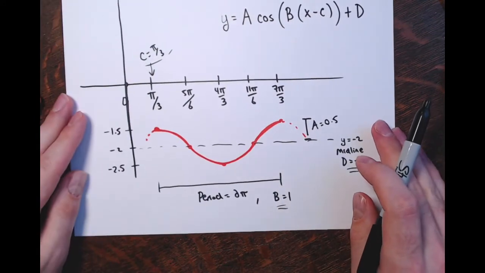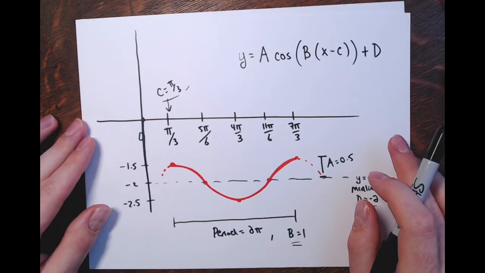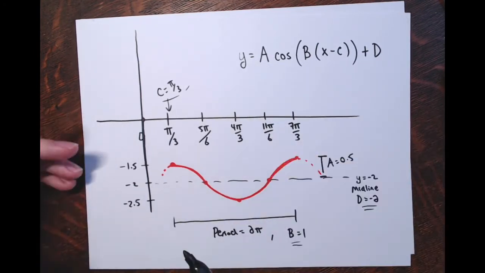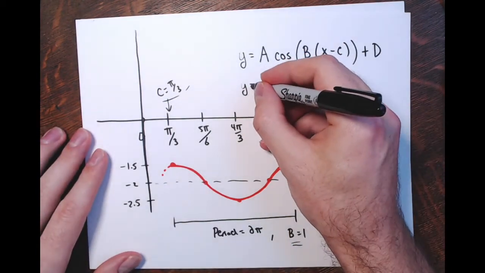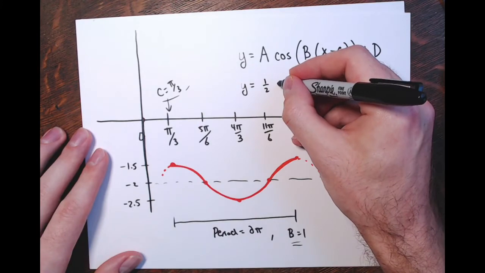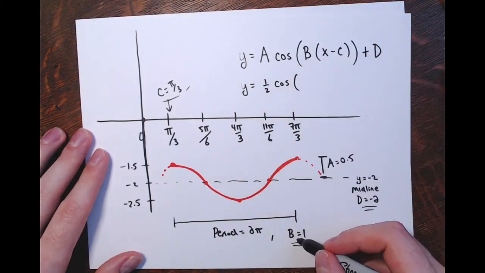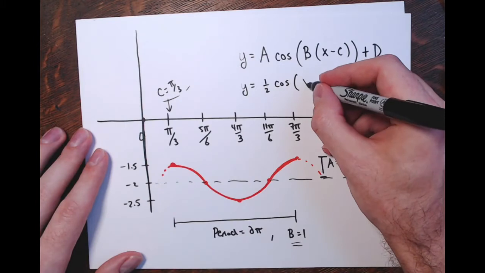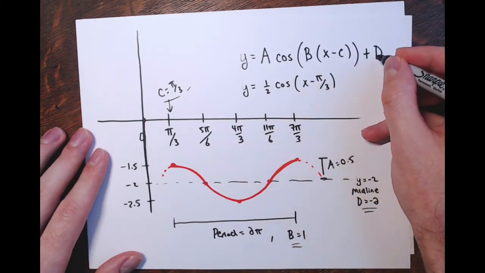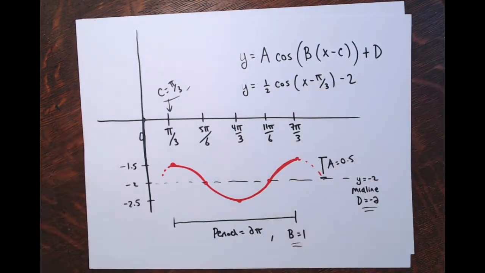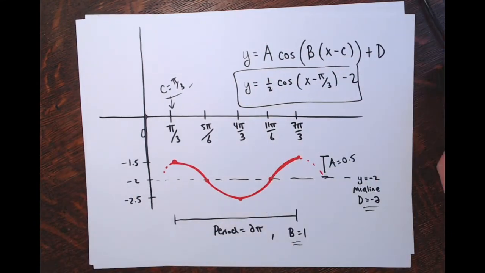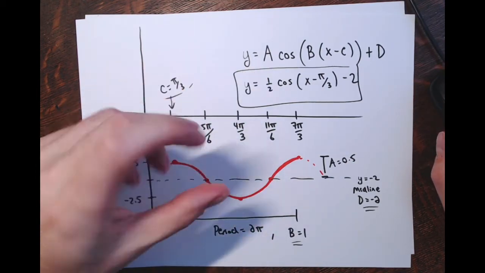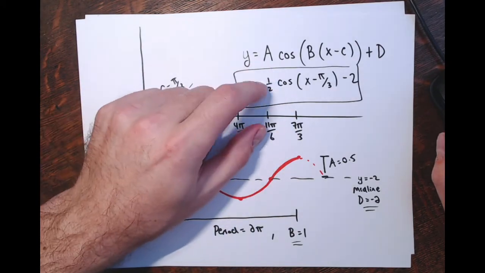If there's a flip in the orientation of the sine or the cosine, you're going to make that number in front a negative number. So the graph they gave me is y equals 1/2 or 0.5 times the cosine of 1 times x minus pi over 3, and then plus negative 2, so minus 2. There's the equation for this particular graph. Again, one more time I'll say it. You need to know the amplitude and if it's flipped or not, because if it's flipped, that'll be negative.